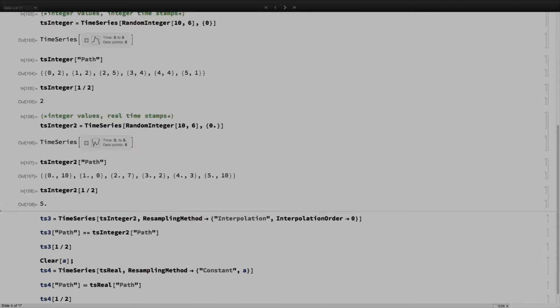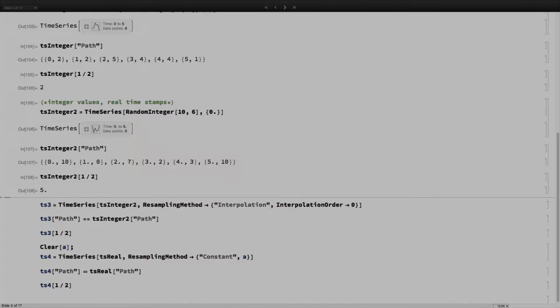I mentioned that the method of interpolation between the timestamps can be set, and this can be done if we redefine the time series, so define a time series on the existing time series and set the resampling method. This is what I'm doing in defining TS3.